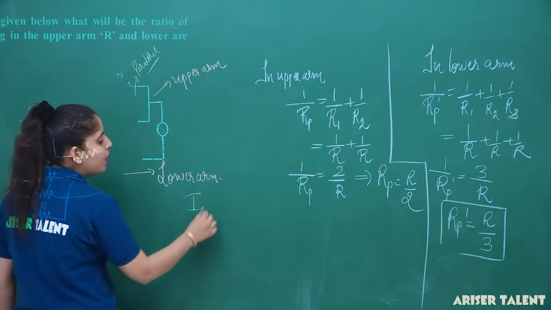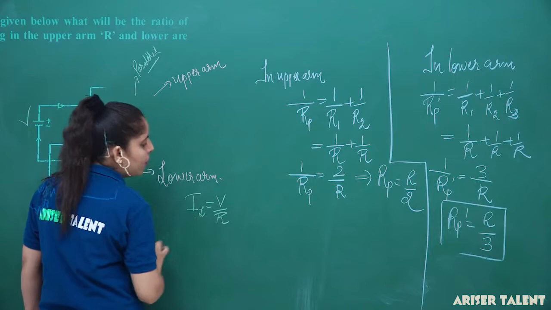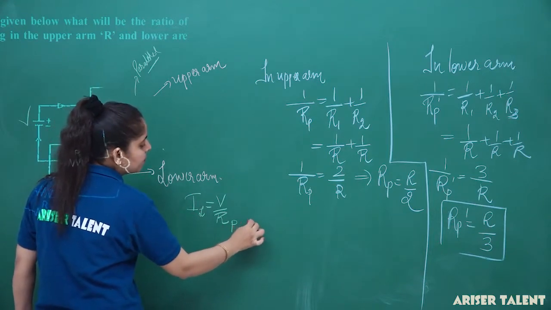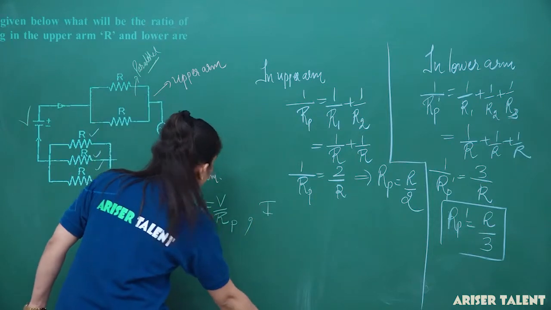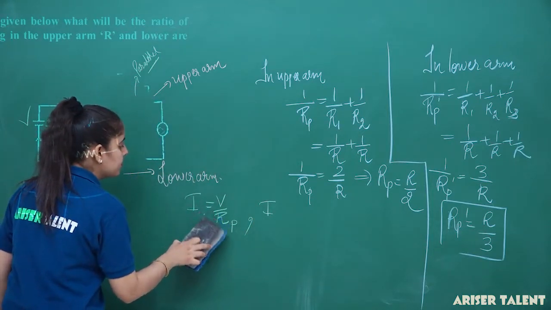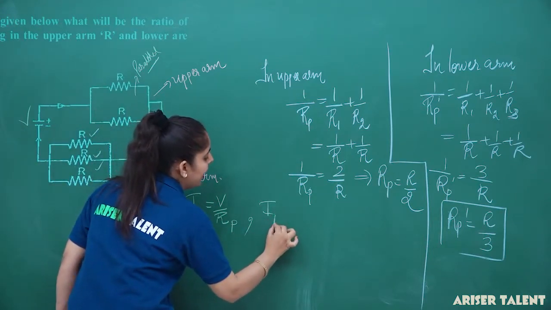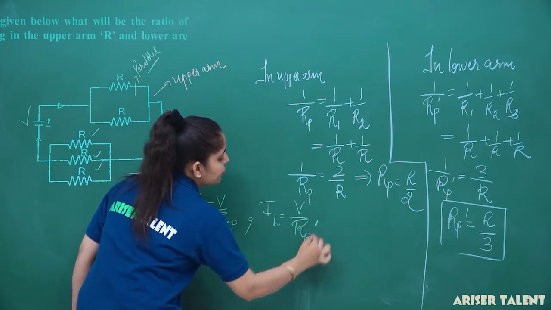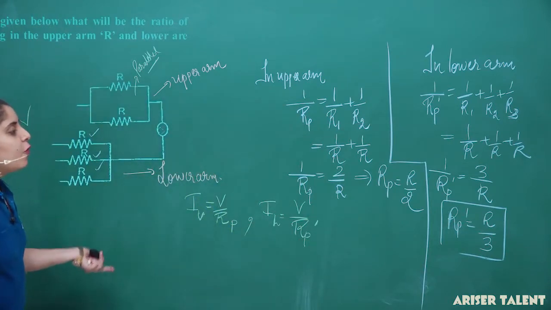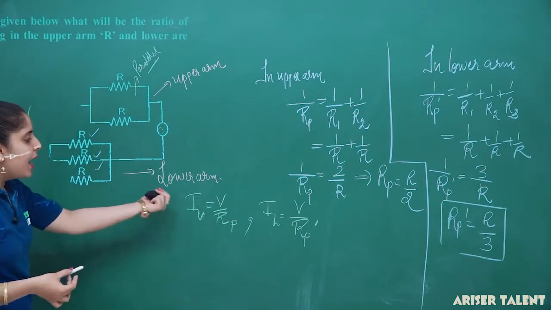The current in the upper arm will be I equal to V upon RP, this is IU, and this is our IL in the lower arm, that is equal to V upon RP dash. Now, if you want to determine the ratio of both these currents, you have to divide IU by IL.